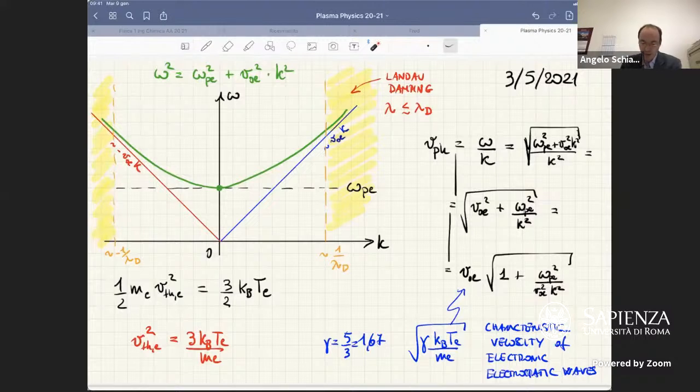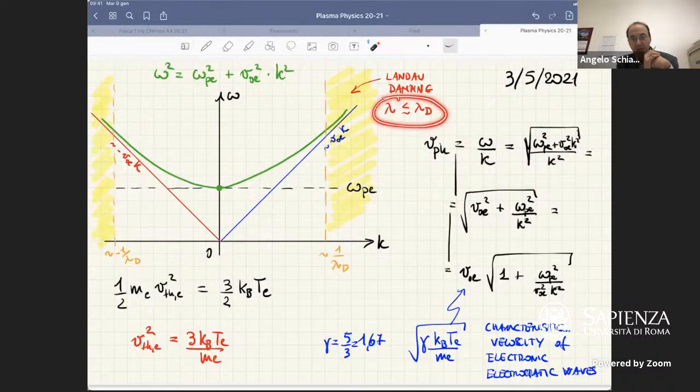We see a region where actually we see an electrostatic wave propagating. There's a point here around very long wavelengths where we see that the group velocity goes to 0, so it is almost not propagating anymore. They are becoming just localized oscillations in this case. And there's an upper limit in wave number K, corresponding to when we sample the plasma dynamics on a scale length which is of the order of or smaller than the Debye sphere.